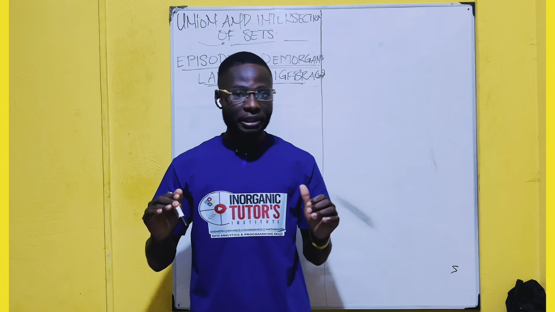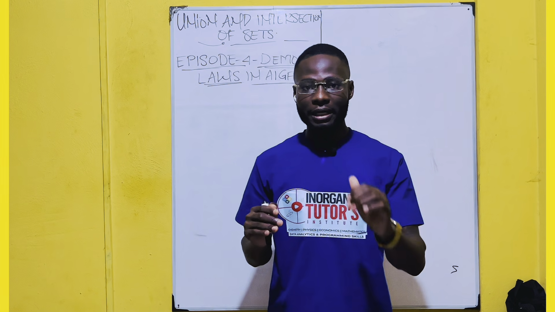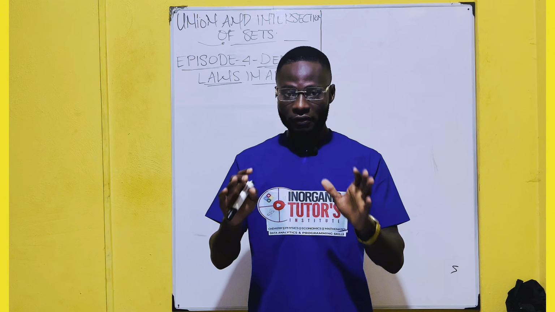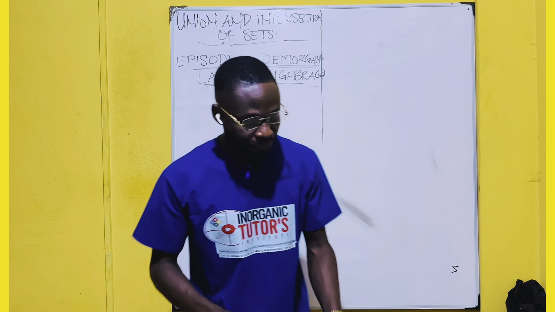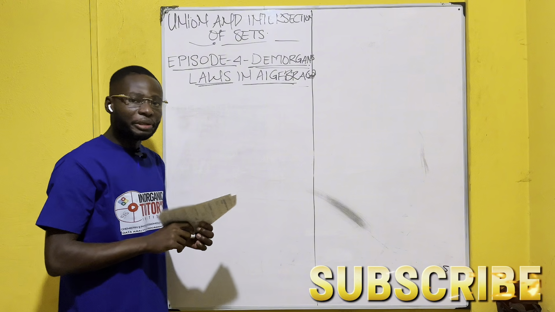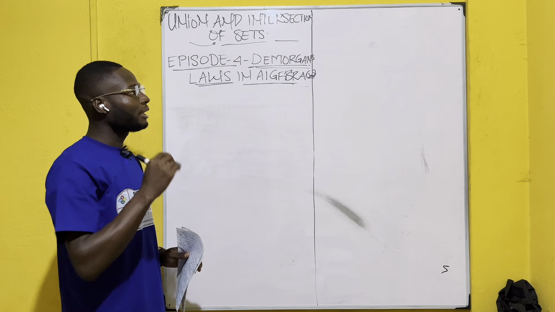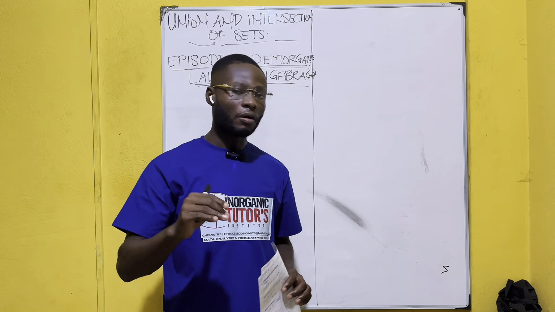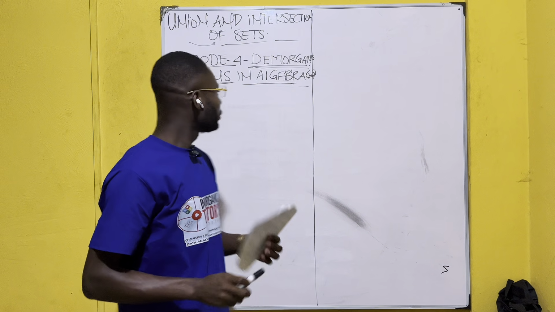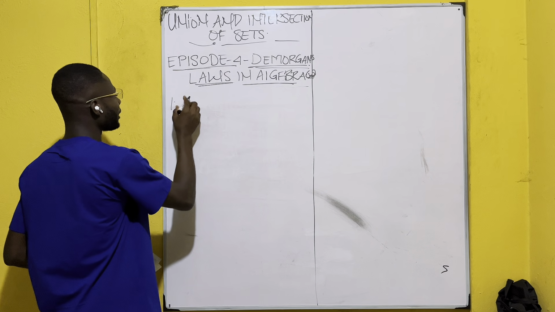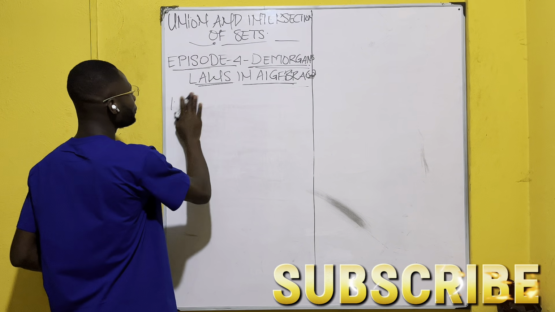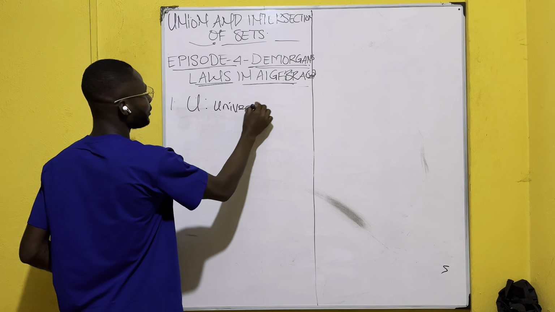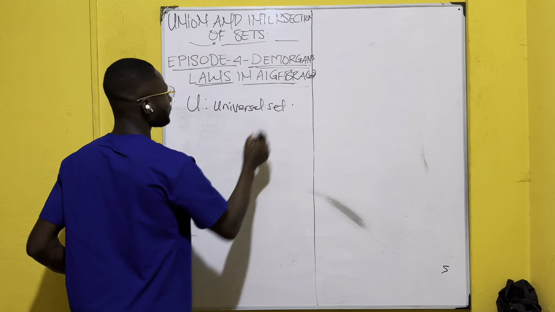Before we begin, I want to give you some preliminaries. I want us to recall some basic things that we might have forgotten. First of all, if you see U, it means the universal set.